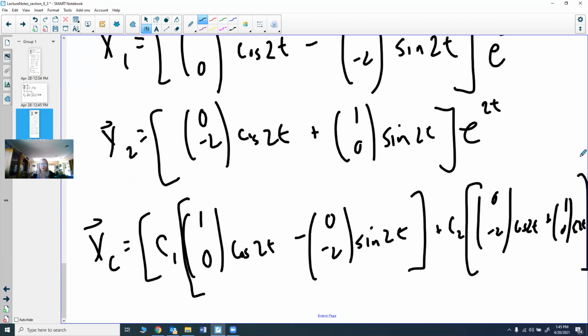I'm running out of space and I need to put in my e to the 2t on the outside of all that. All right, that's what my x sub c is equal to.